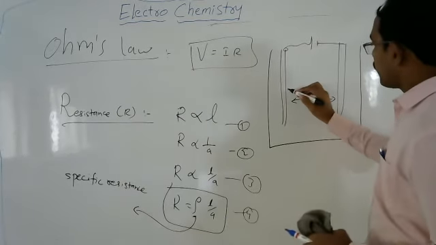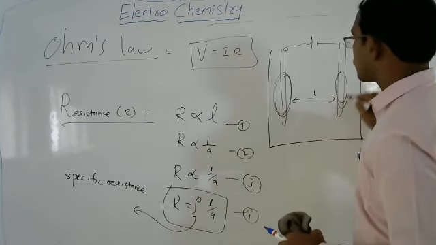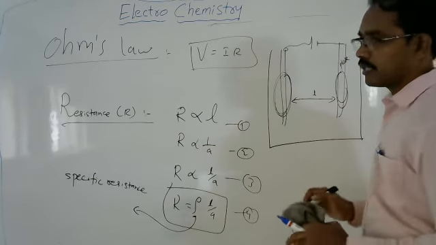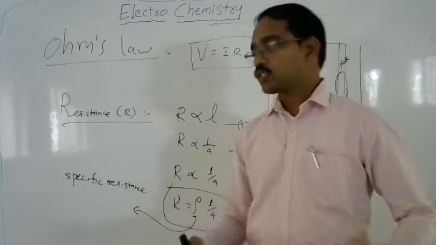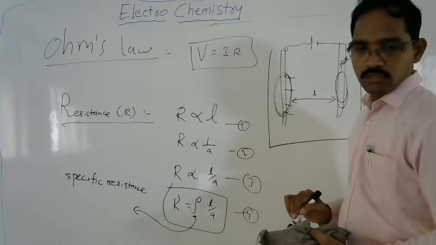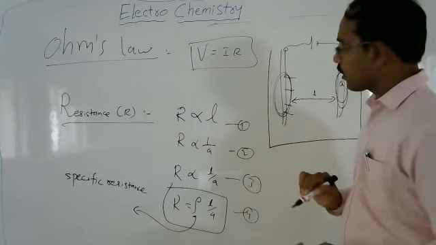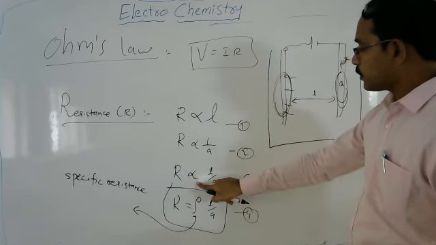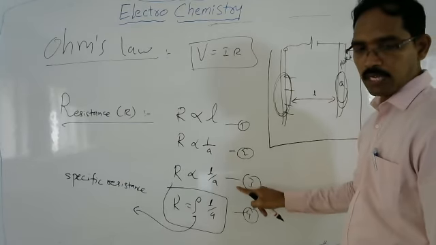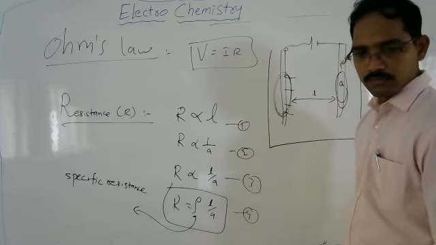Then the area: it is just a plate, not a rod. If a big area is there, electrons can move from here, here, here also, so resistance is decreasing. So that is the area A. So R is directly proportional to L by A. Here R equal rho L by A.